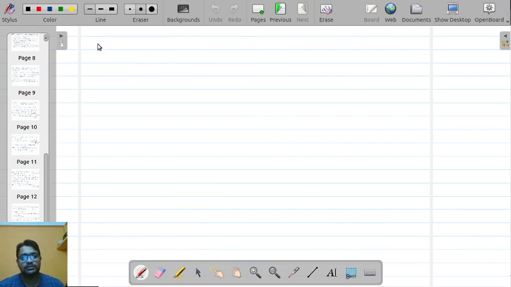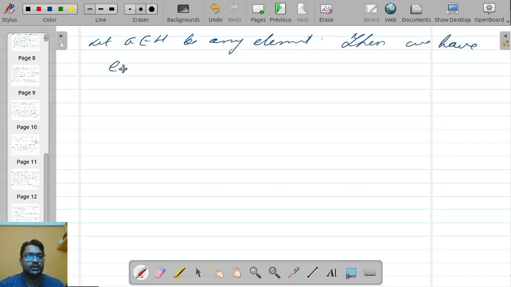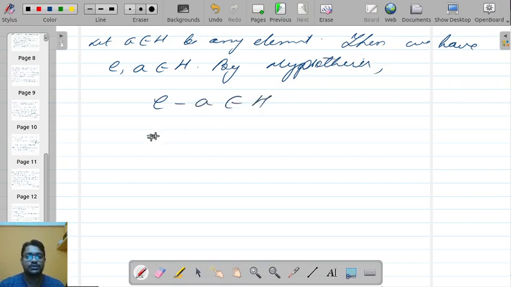Next we will show that every element has an inverse. Let A belong to H be any element, then we have E, A, they also belong to H. So by hypothesis we can write E minus A is in H. E minus A is the same as minus A, because E is the identity.